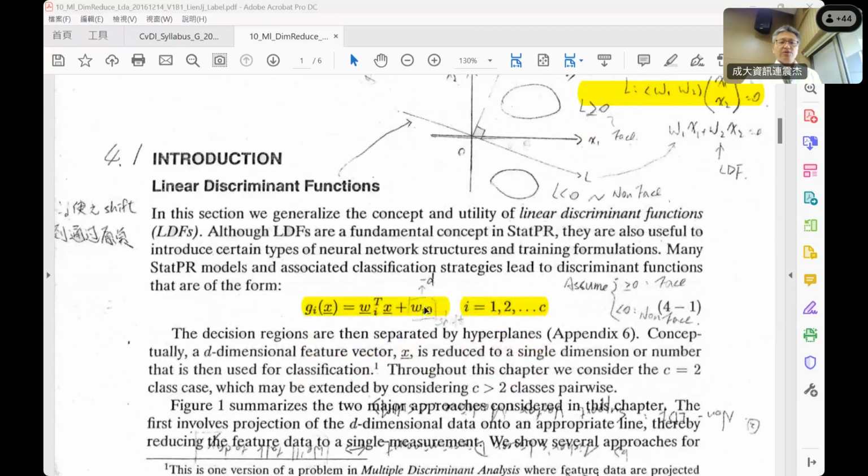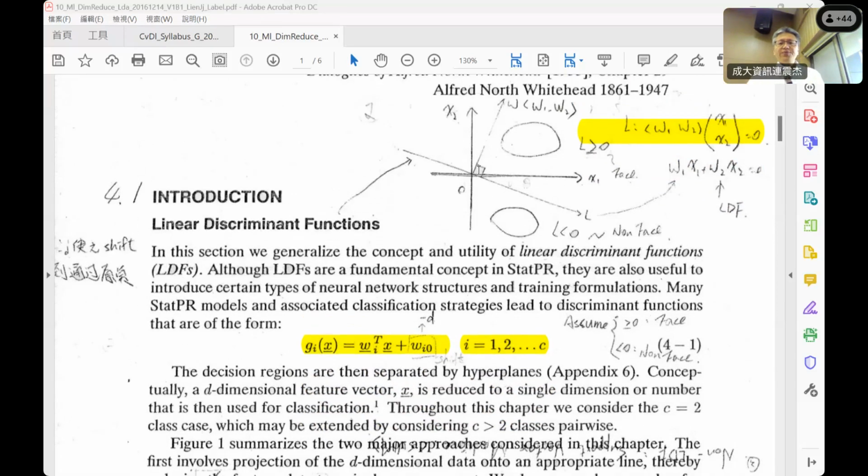So this equation means a line here, and we have the input sample x. In 2D it will be x1, x2, w1, w2. If it's 3D, it's x1, x2, x3 and w1, w2, w3. And what's w0? It's a translation, a shift. It means this line will shift along the normal direction.